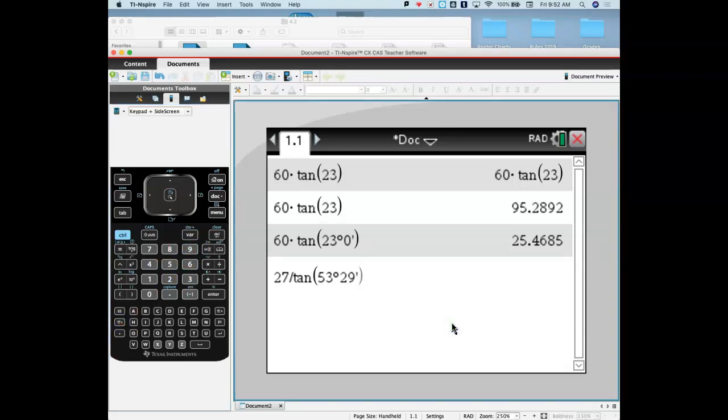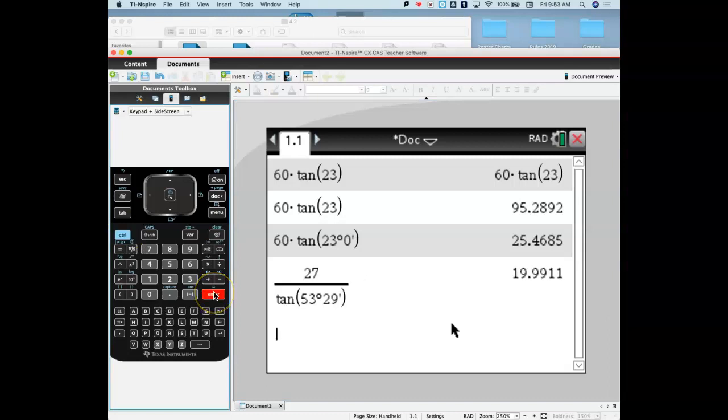If you wanted to do seconds, would you just do two of those? Two of those then, yep, on the Inspire. And then when I hit enter, there's my answer.